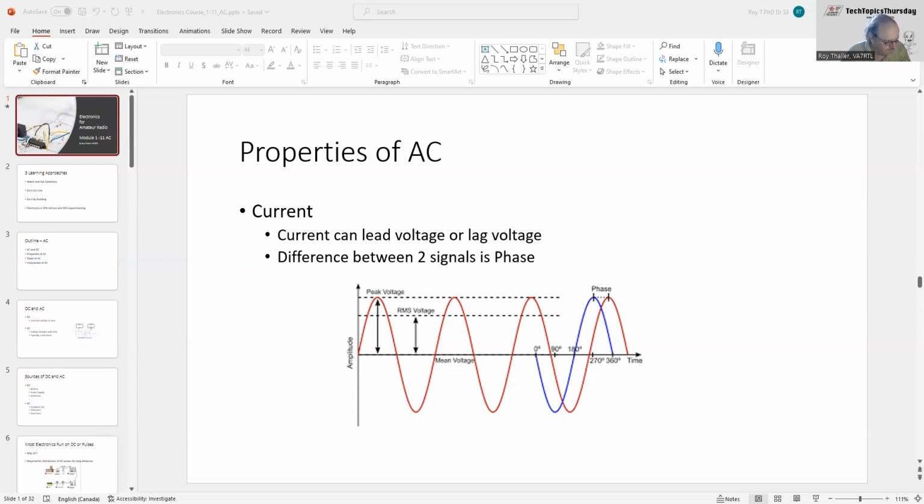And the difference between the voltage and the current is known as phase. Also, in amateur radio, if you have two signals and you want to modulate, you can phase modulate by moving this back and forth. It's similar to FM modulation, and we'll cover that again in the future. So the phase is basically the measurement of the difference between two waveforms.